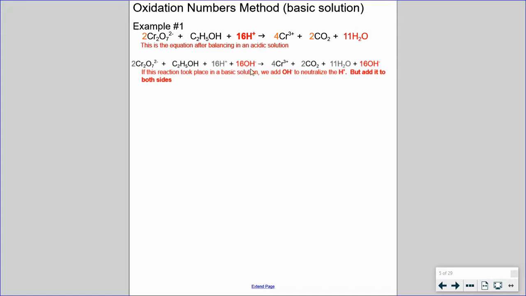We are going to add hydroxide ions to both sides of the equation, however. So if there are 16 hydroniums, we add 16 hydroxide ions. So you can see that there are 16 hydrogen ions here with 16 hydroxide ions. The next step we're going to do is combine them to form 16 water molecules.